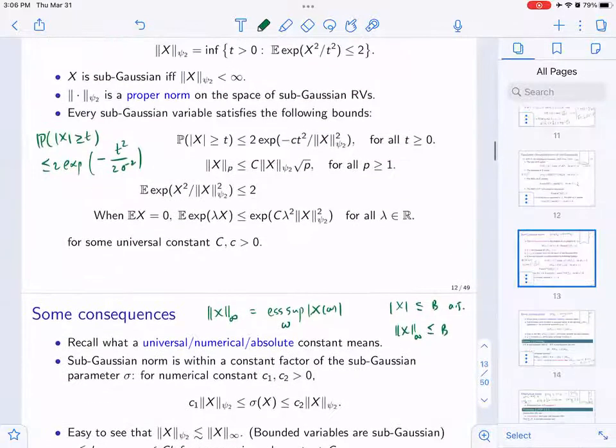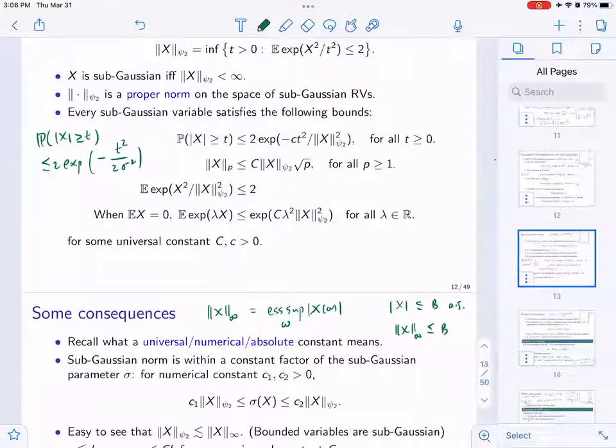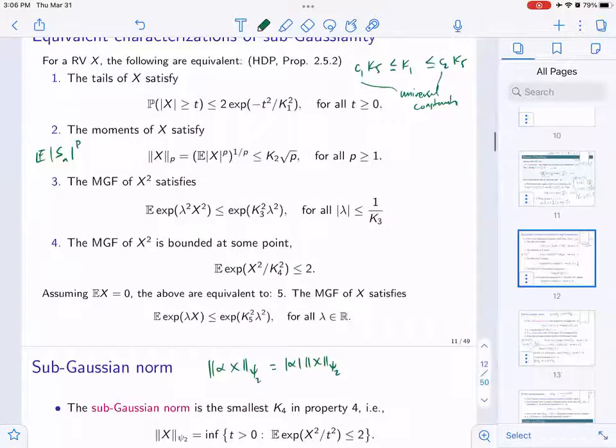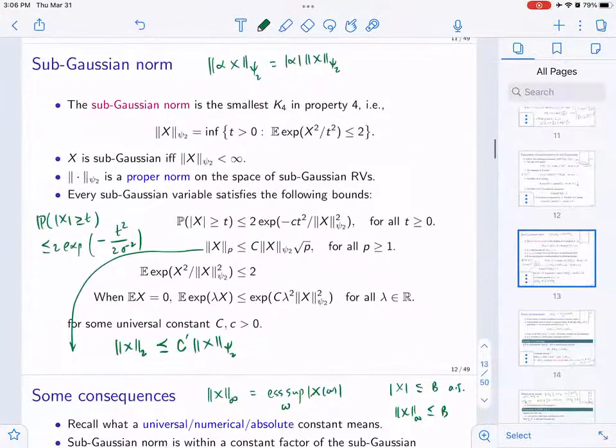If you go up, you can see that, for example, from this, the L2 norm is bounded by C times C prime times psi 2, right? Remember, this is this equation. I've written it in terms of the norm. So this implies that whenever this side is finite, this side is finite.